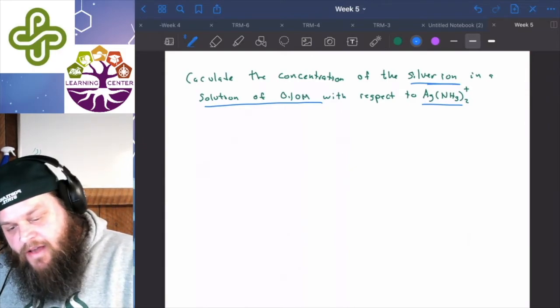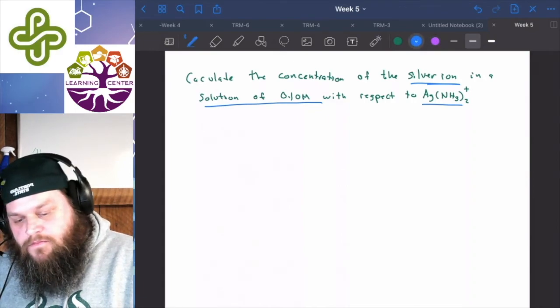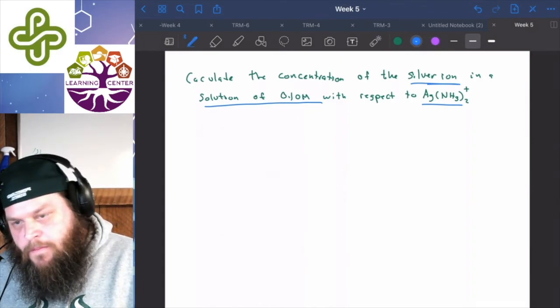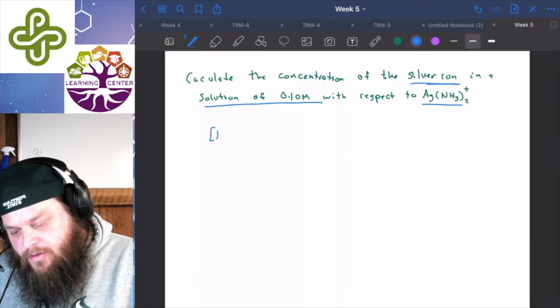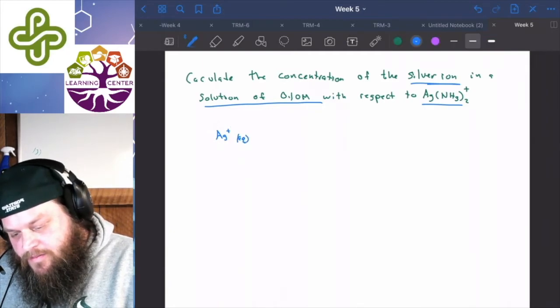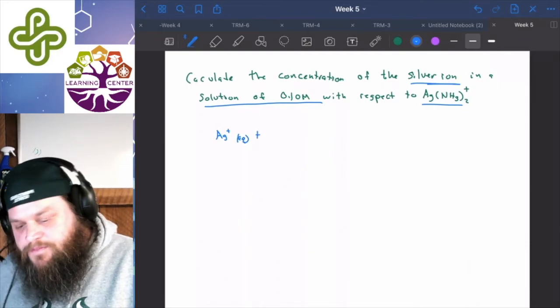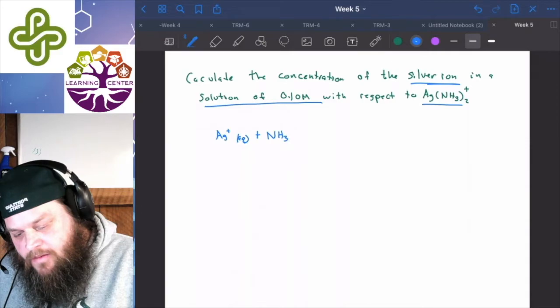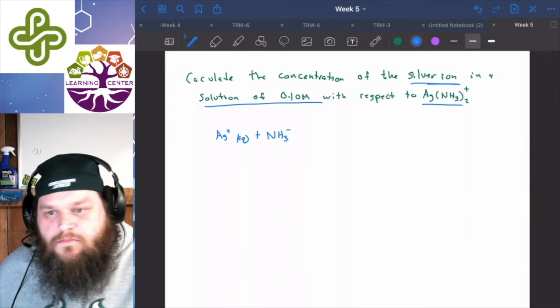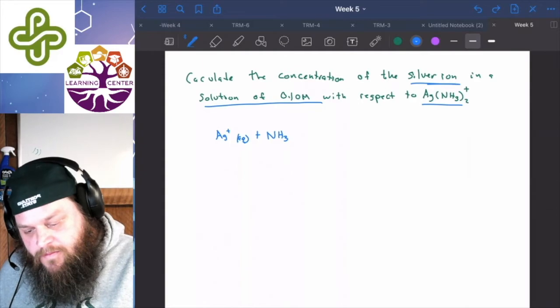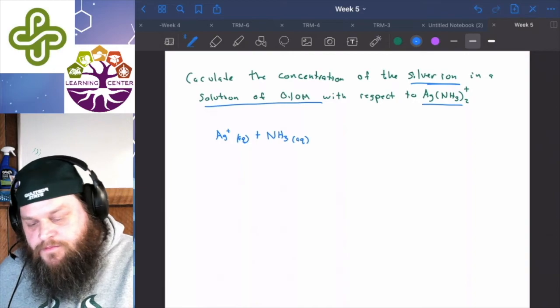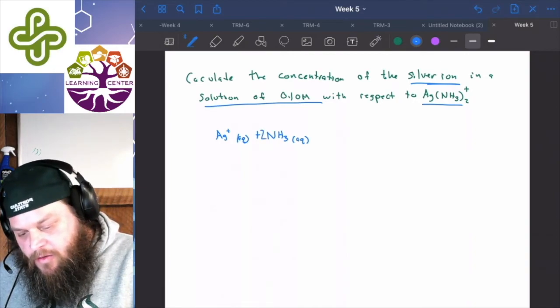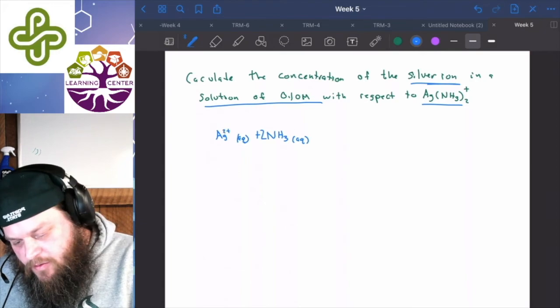So we can take this reaction. It would be silver ions, Ag plus aqueous, plus the ammonia, NH3, that's neutral. And we're going to have to put a 2 in there to keep it balanced.